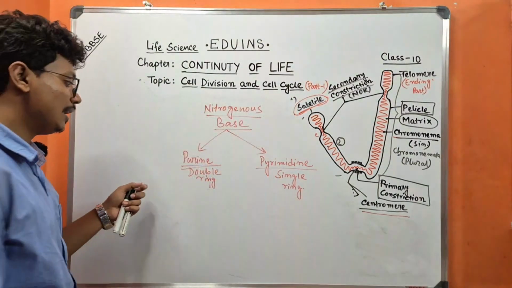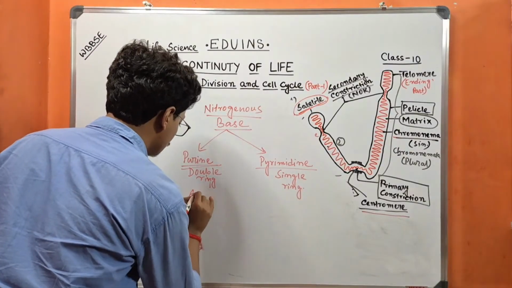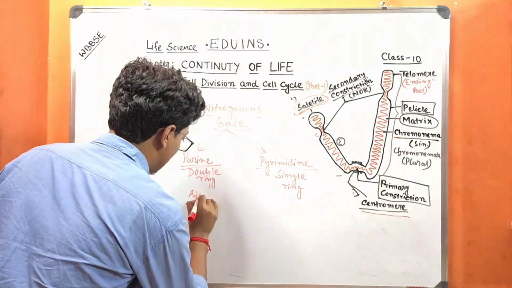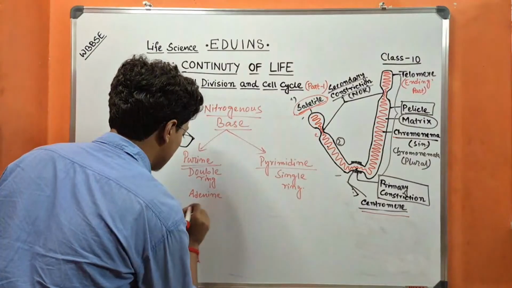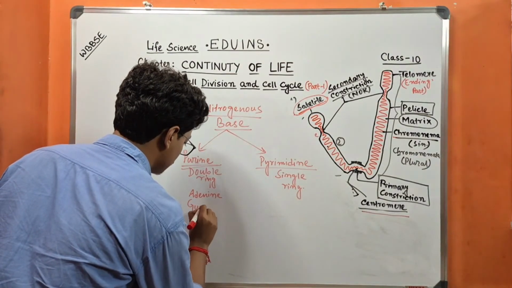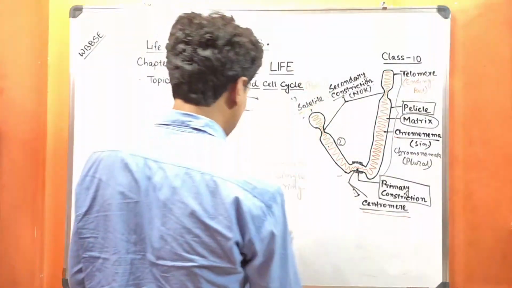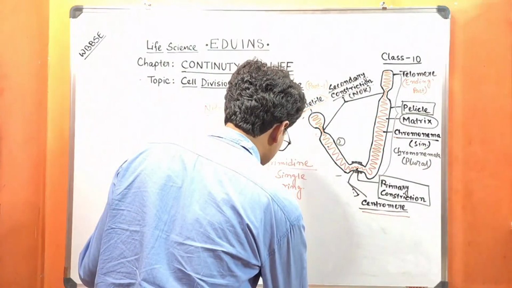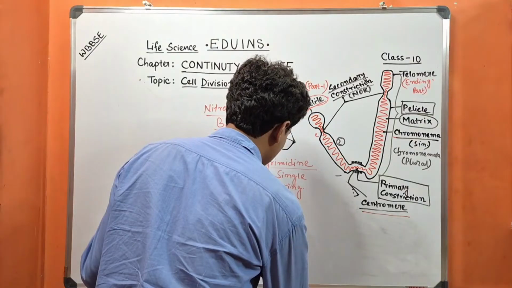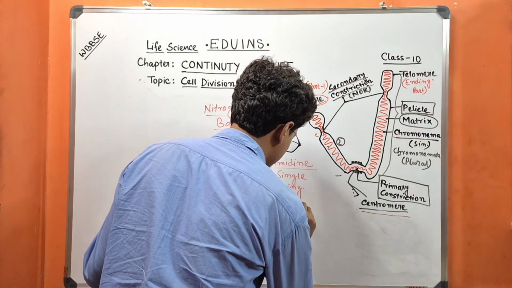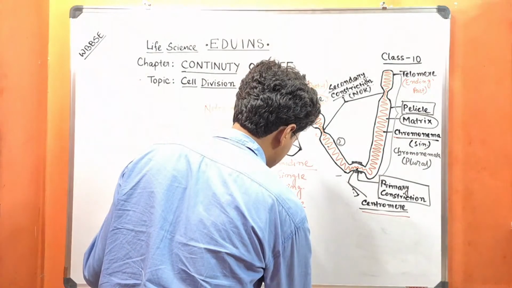So purines are two, that is adenine and guanine, and pyrimidines are also two types, that is thymine and cytosine.